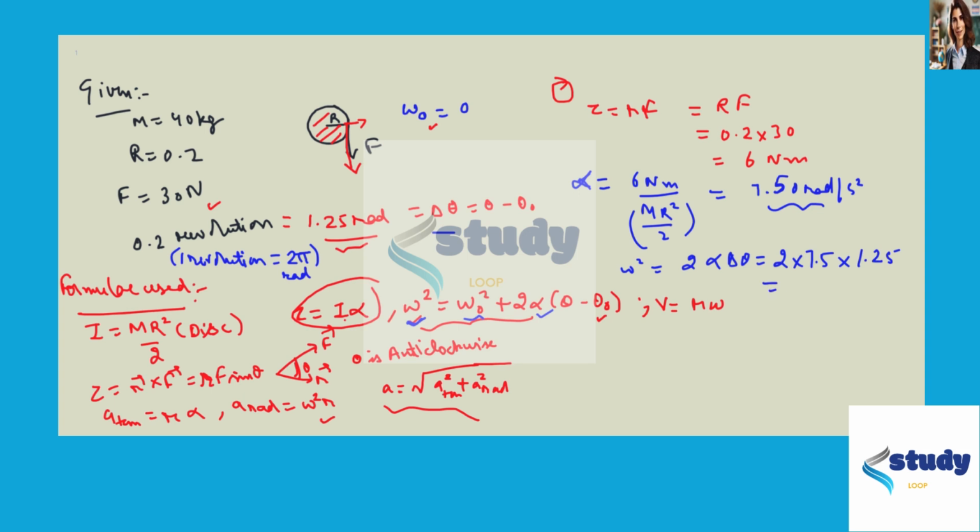We take the square root of this to find omega, which is the square root of 2 times 7.5 times 1.25. This comes out to be 4.342 radian per second. I have used the calculator to find the value of omega.